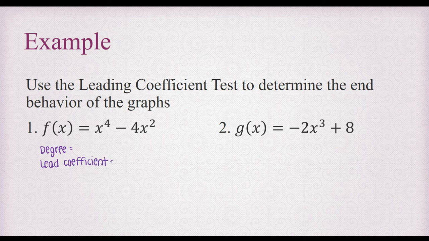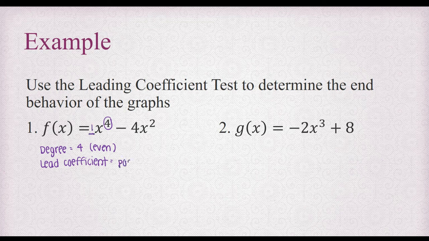So the first problem says f of x equals x to the fourth minus 4x squared. The biggest exponent is a 4. So if it's degree 4, that makes it an even number. And so because it's an even number, that means it's either going to be both sides heading up or both sides heading down. The lead coefficient is the number that is in front, and if I don't see a number in front, then it's a positive 1.